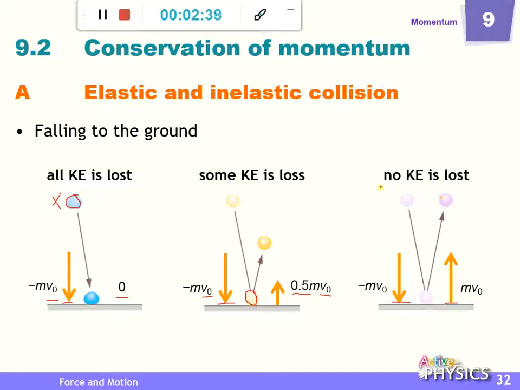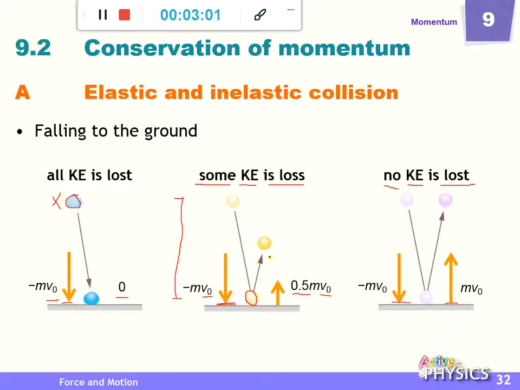So, go back to here. In this case, no kinetic energy loss. But in this one, some kinetic energy is lost. But why? Look at this. Initially, we have the maximum GPE, converted into kinetic energy. So just before the collision, the kinetic energy will be the greatest.